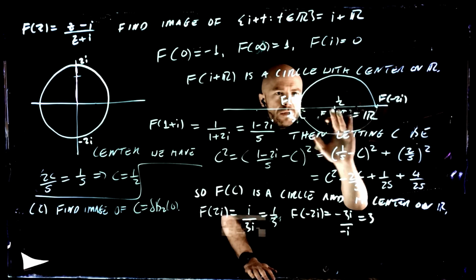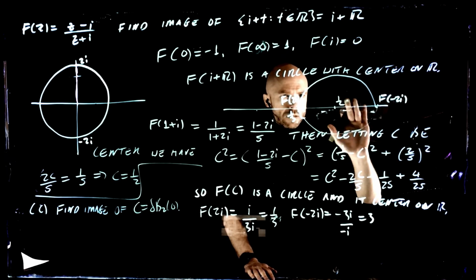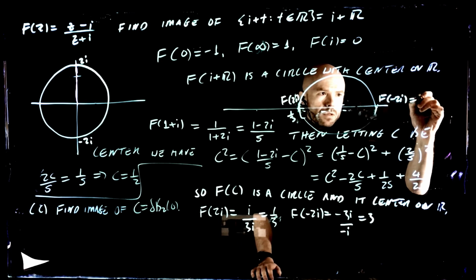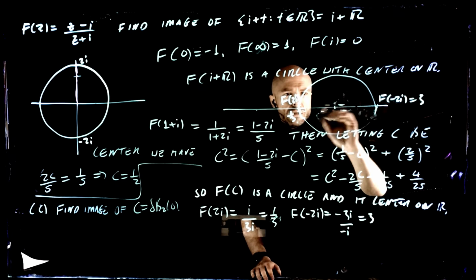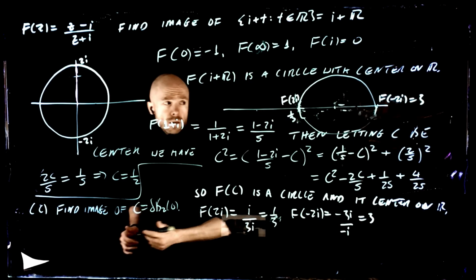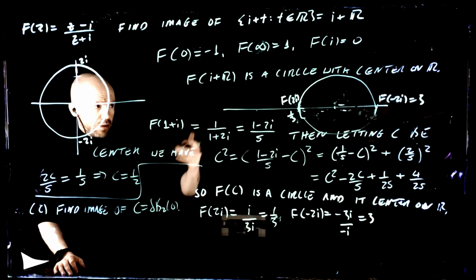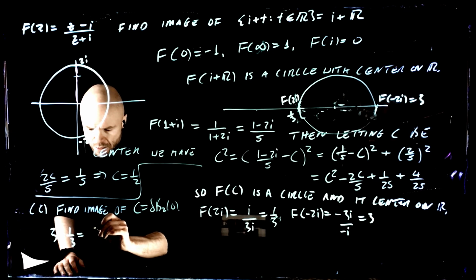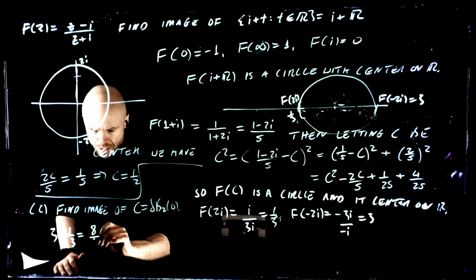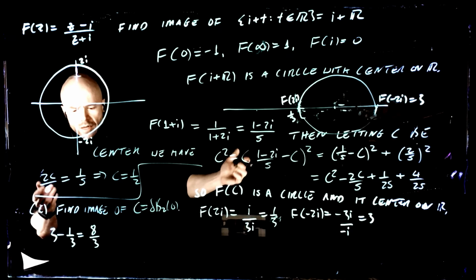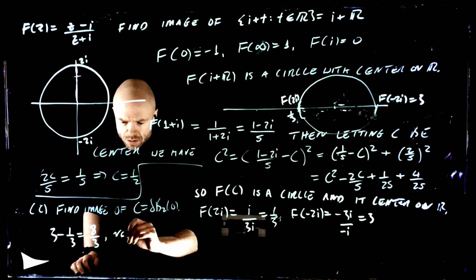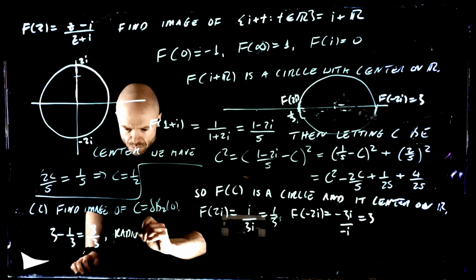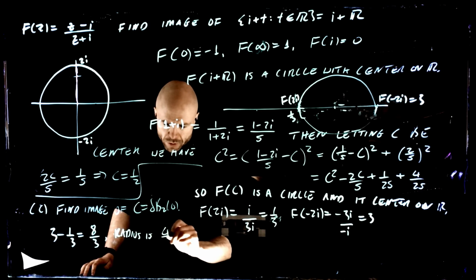Get rid of some extra detail. And indeed, halfway between them is the actual center. So 3 minus the third, that's the same as 9 over 3 minus the third, which is 8 over 3, right? So that's the diameter. So the radius is 4 over 3.